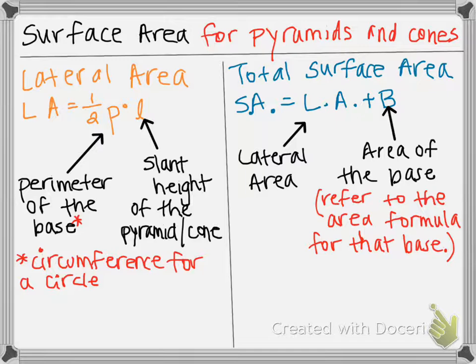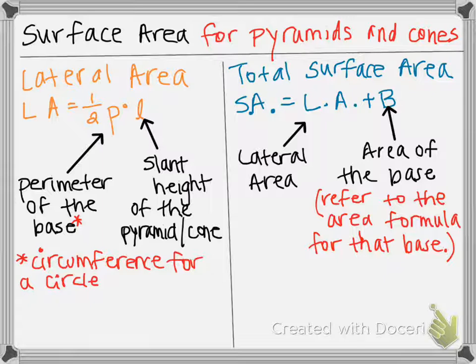So now let's talk about surface area. These formulas are both for pyramids and for cones, which is why they were grouped together. So lateral area, we've already discussed what that is. That's the surface area of just the sides.